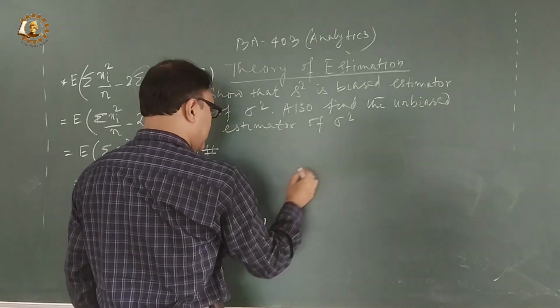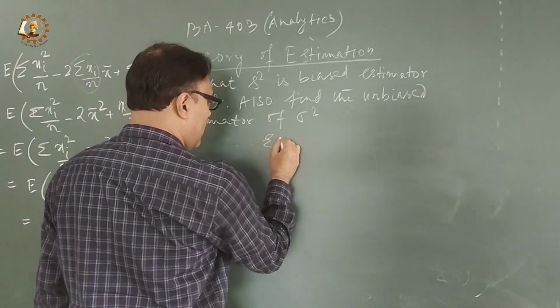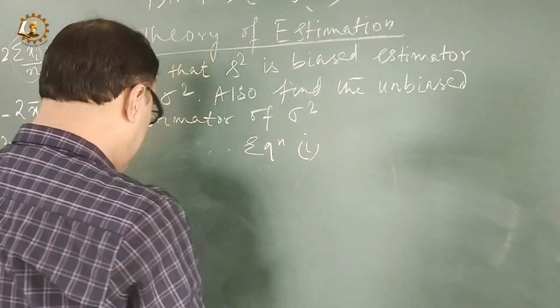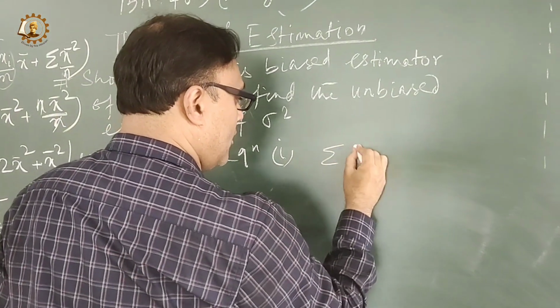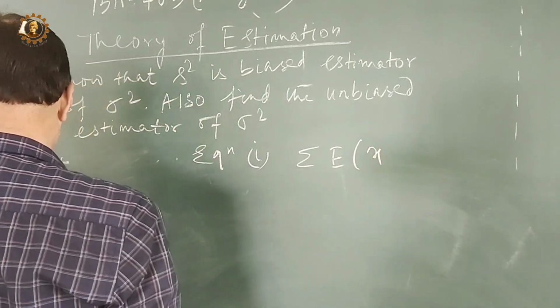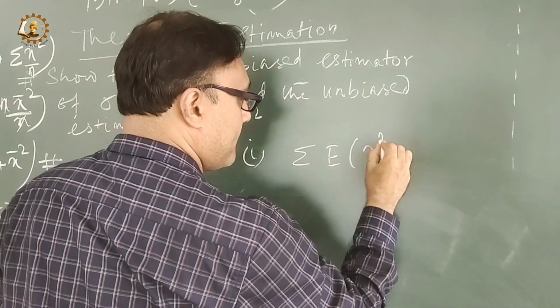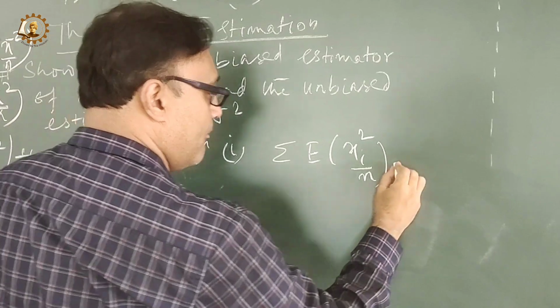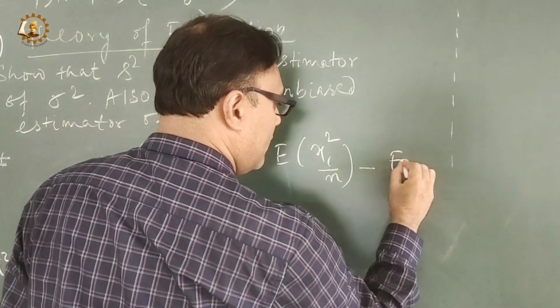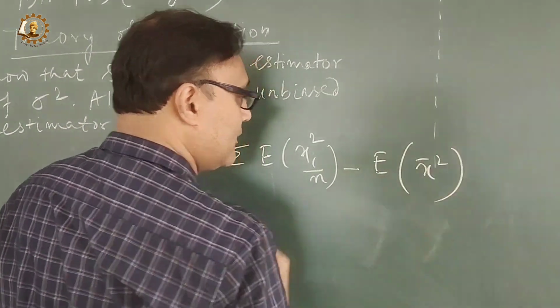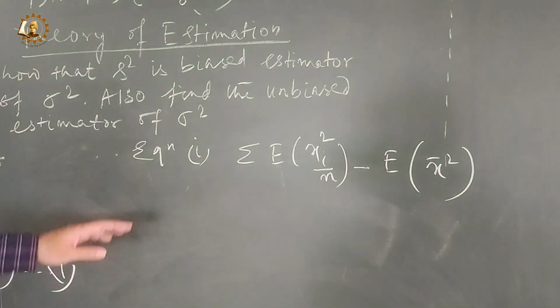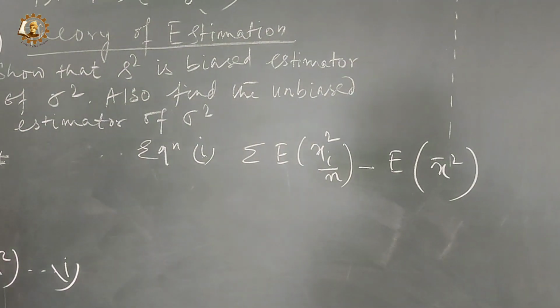So equation 1 can be written as summation of E xi square by n minus E of x bar square. Right? So equation 1 is written in this format.